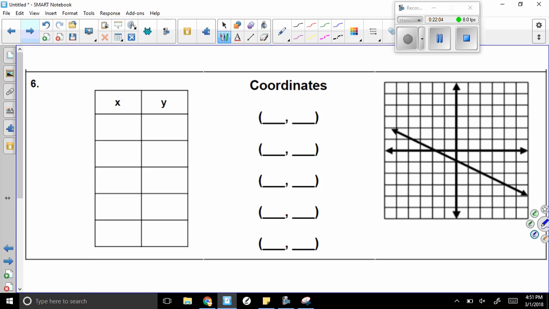All right, let's look at that last example, number 6. This graph is a little bit tricky. We've got to really look for ones that cross nicely. So I do like to start with my axis, my x-axis or my y-axis. And sometimes I'm just looking for any points that I see, and then I can look for all the coordinates at the end. So let's just put dots on the paper.